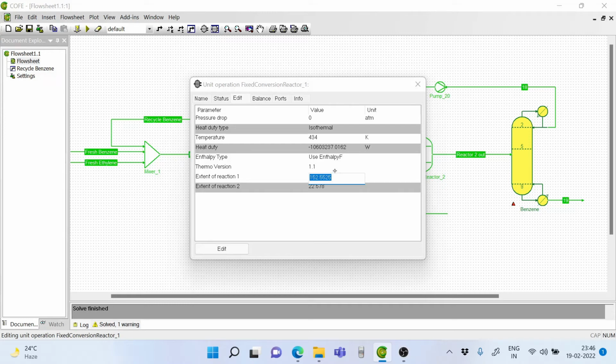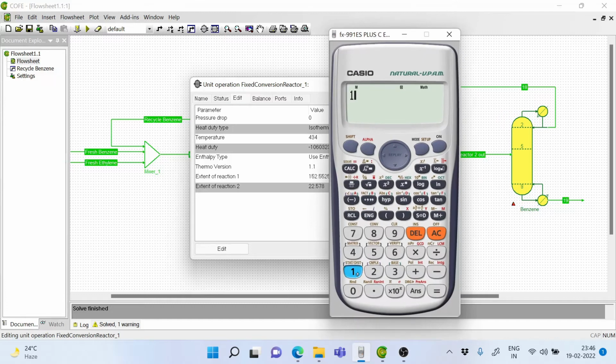Now what we can do is technically add this to the first reaction and ensure that ethylene is entirely used up. So in the first reaction, the extent of reaction is 152.5525. So we take this, 152.5525 plus 0.03616.